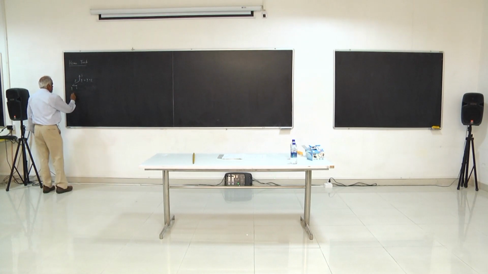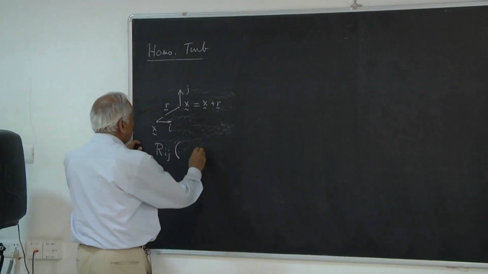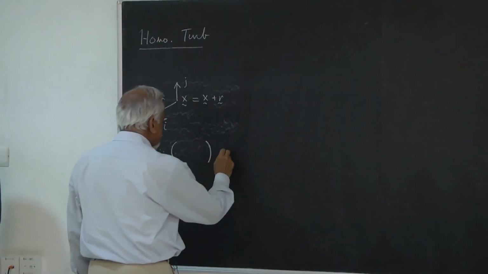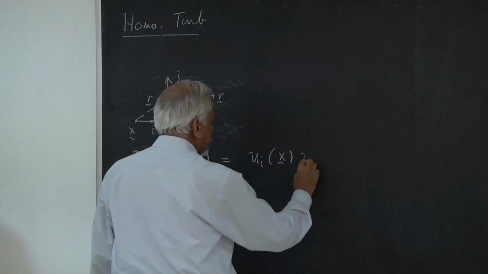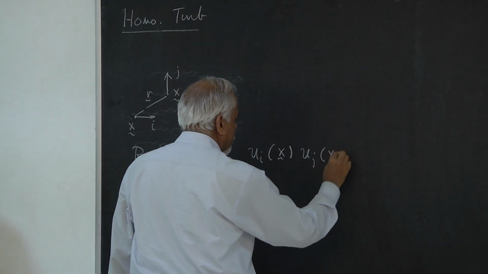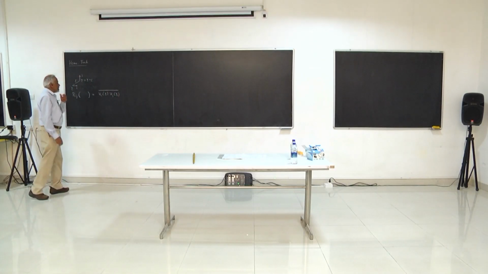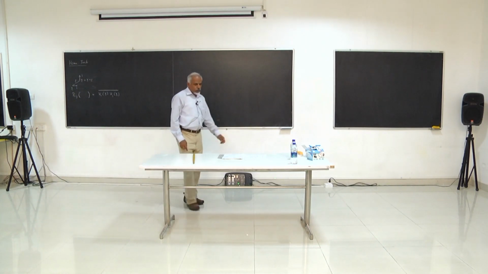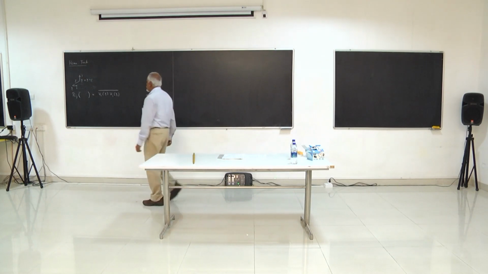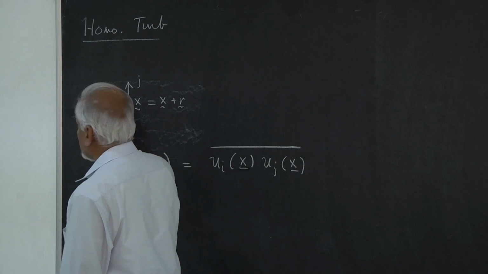So we are considering then this thing I call Rij, which is a function of various things, which is equal to ui at x times uj at x prime, and the average value of this. In homogeneous turbulence, the value of this average quantity depends on the configuration and nothing else.